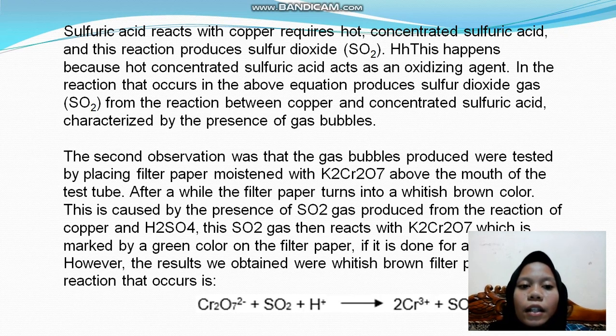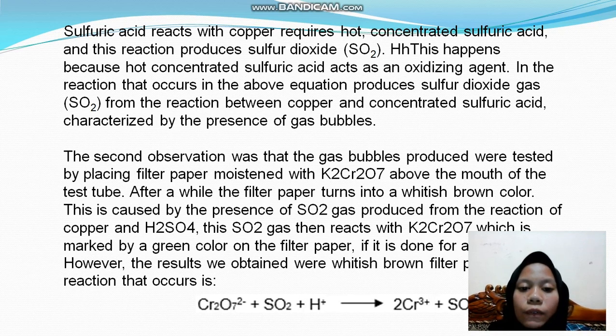In the reaction above, sulfur dioxide gas is produced from the reaction between copper and concentrated sulfuric acid, characterized by the presence of gas bubbles. The second observation: the gas bubbles produced were tested by placing filter paper moistened with potassium chromate above the mouth of the test tube.